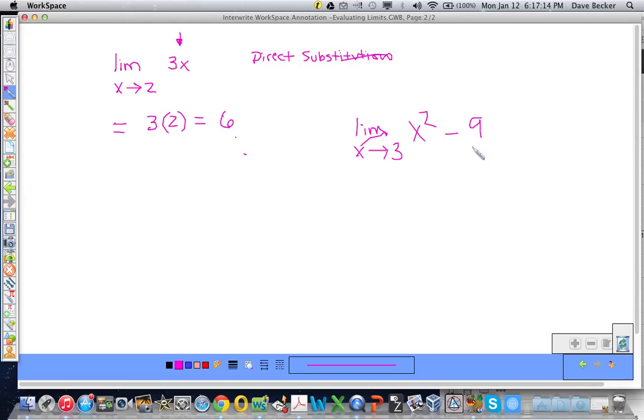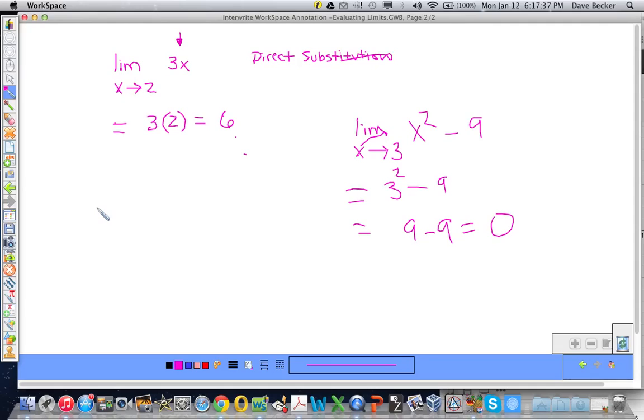Do I get an undefined function if I replace x with 3? I do not. So I would just say that is equal to 3 squared minus 9, which would be equal to 9 minus 9, which is equal to 0.